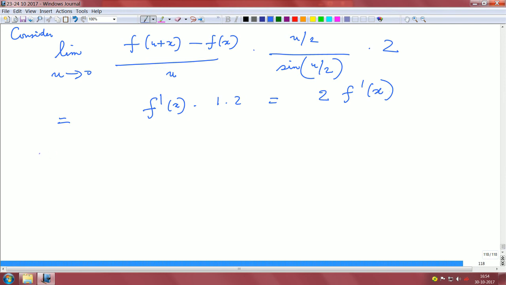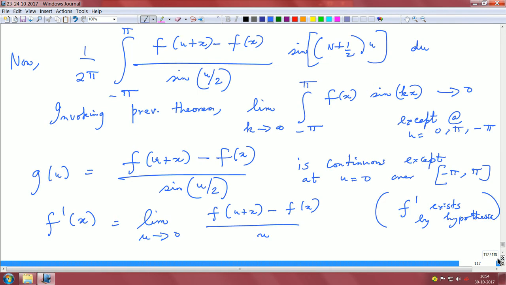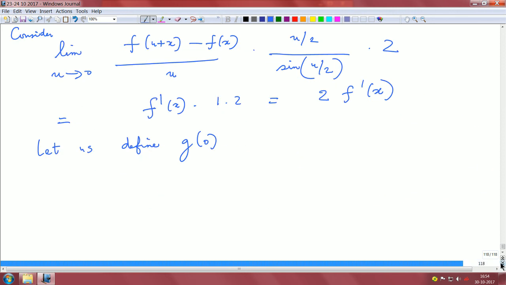Now, let us define g of 0, because g of u is the function which we defined like this, and we want to look at that limit as u goes to 0, because that is the point we are interested in, since it was a discontinuous point.